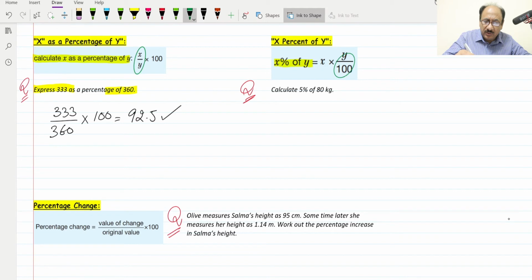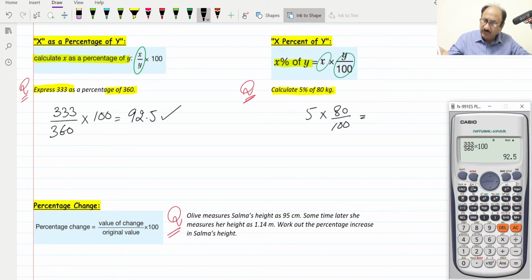In this case, they are saying calculate 5% of 80 kg. How can we calculate it? We will write 5 into 80 divided by 100, and if we simplify with the help of a calculator, 5 multiplied by 80 over 100 will be equal to 4.